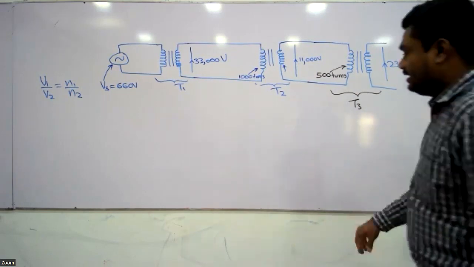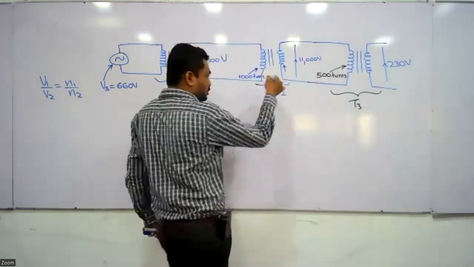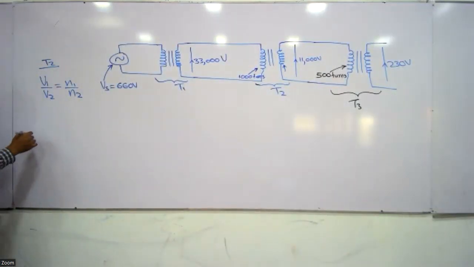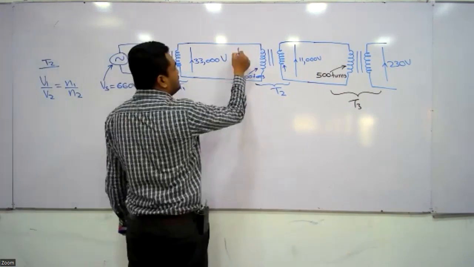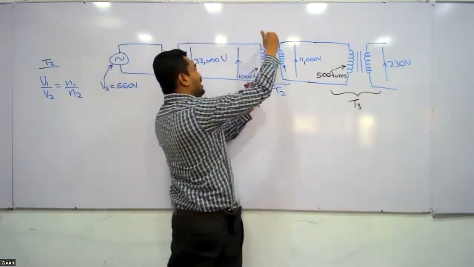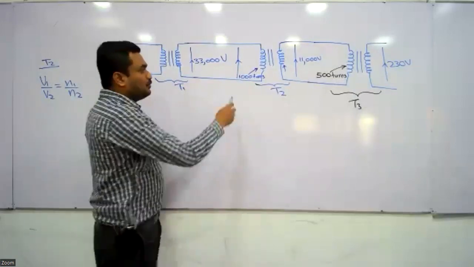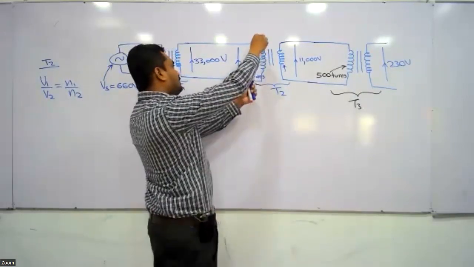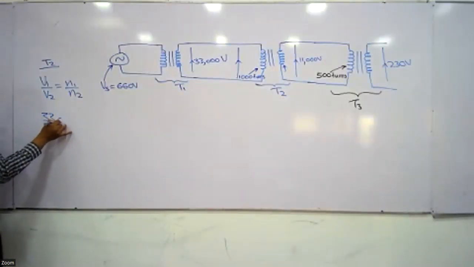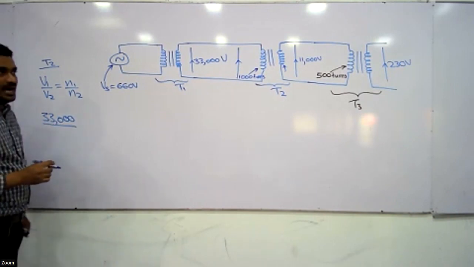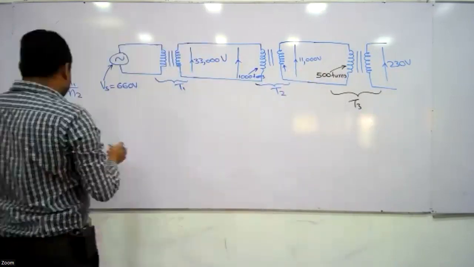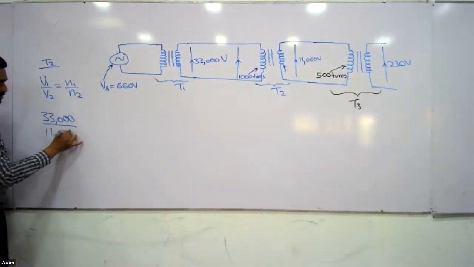So we can apply this voltage equation to the two transformers separately. To the T2 transformer, I can apply this equation. V1 means this voltage. If this is 33,000, the potential difference between these two wires should be 33,000. Therefore, the input voltage at the primary coil of the T2 transformer is 33,000 volts. V1 is 33,000 divided by V2, that is 11,000 volts, given in the picture.